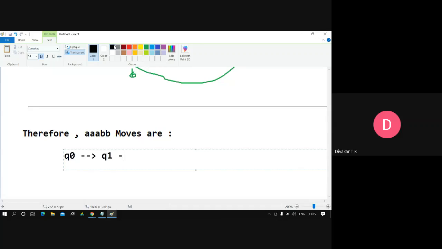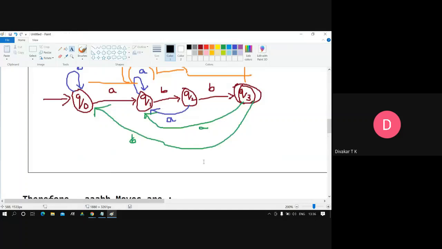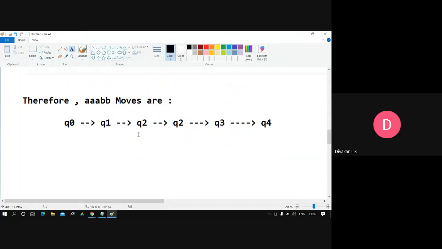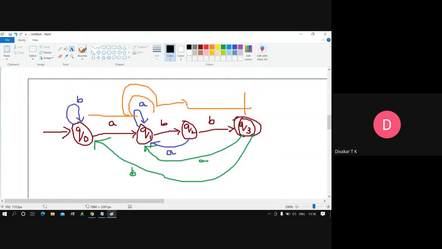Again from Q0 to Q2, and again Q2 to Q2 only. We are taking A symbol, A symbol, A symbol. Next from Q2 to Q3, we take the B symbol. Again from Q3 to Q4, we end up with the B symbol. So that part I will show you.